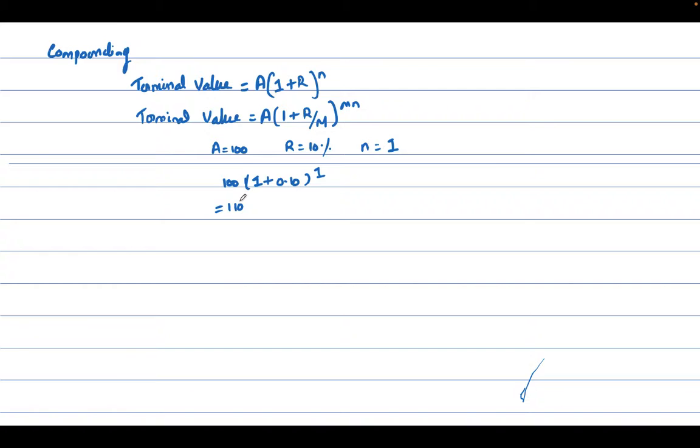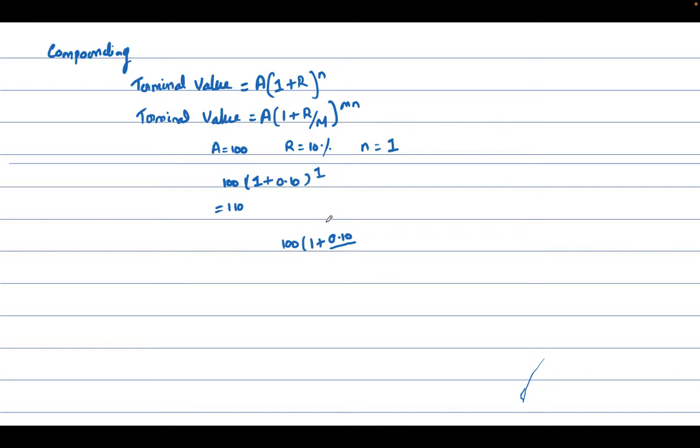So if it is compounded twice in a year, we will be using the formula like this. 100 into 1 plus 0.10, the rate, divided by m.